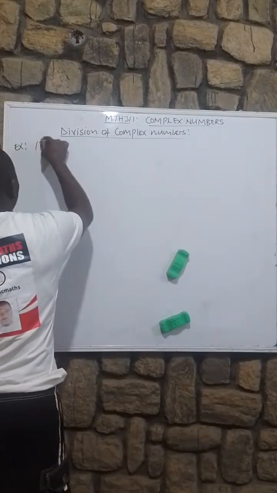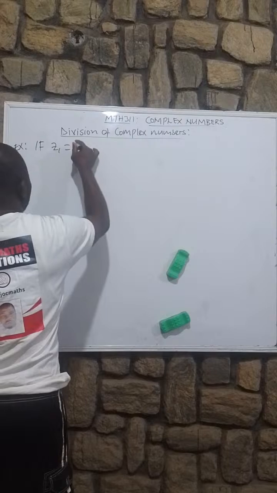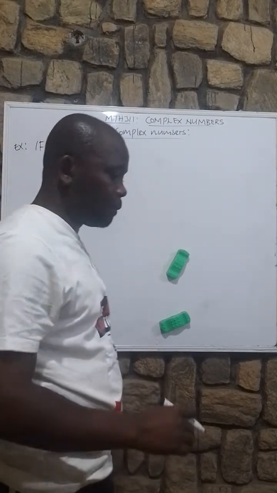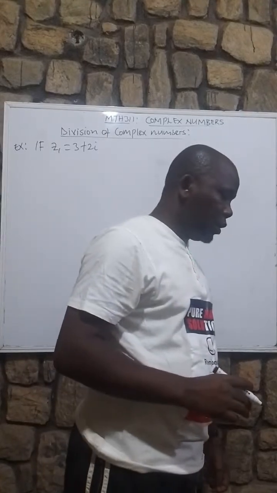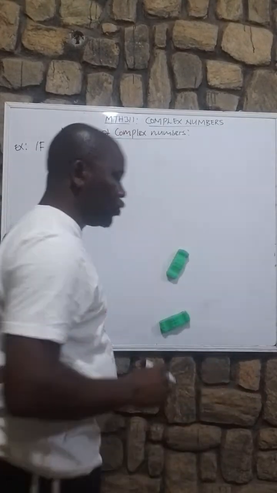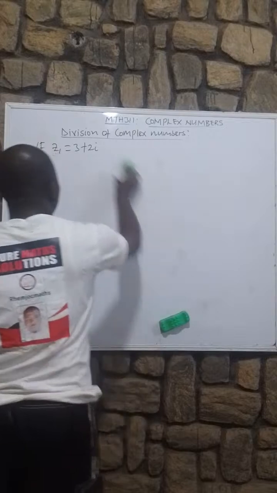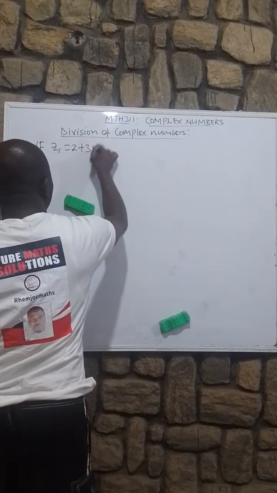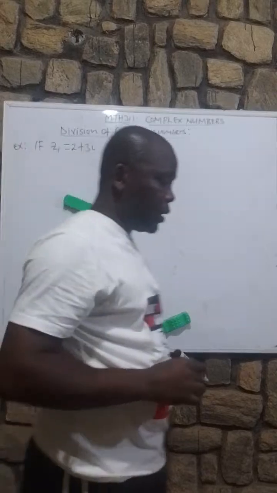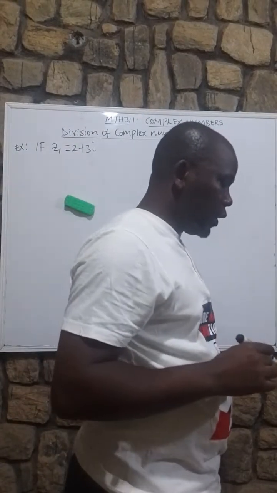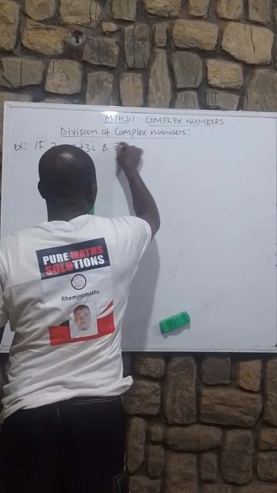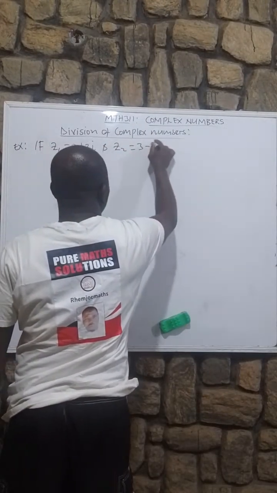If Z1 equals to 3 plus 2i, then 2 plus 3i, and Z2 is equals to 3 minus 2i.